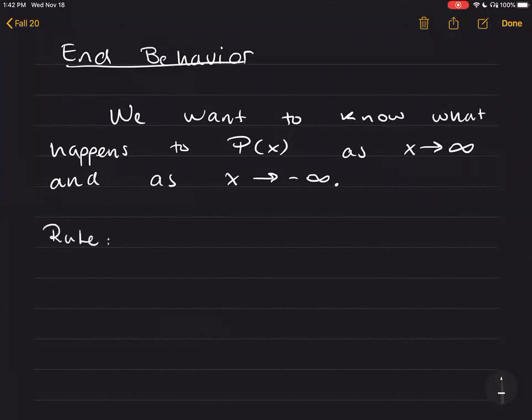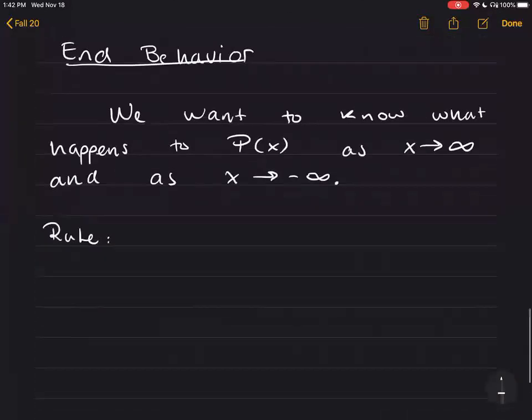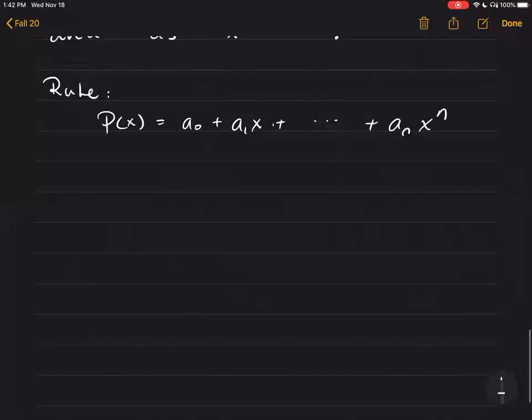Here is the rule for understanding end behavior of polynomial functions. So say we've got p of x equals a naught plus a1x plus up to an x^n. So let's say we've got some polynomial that looks like this. Then here's the rule.